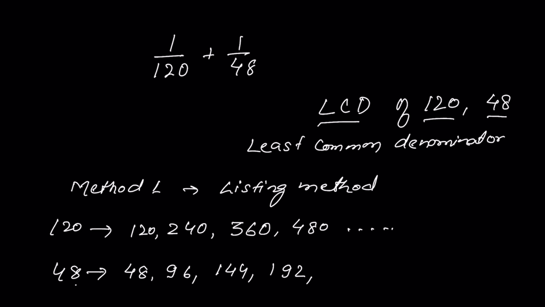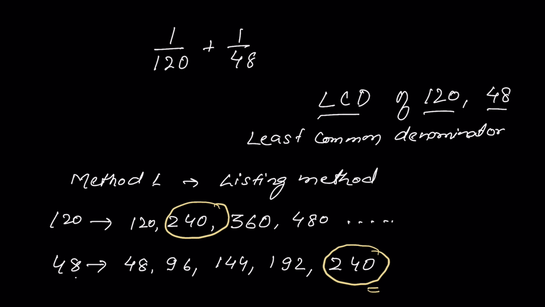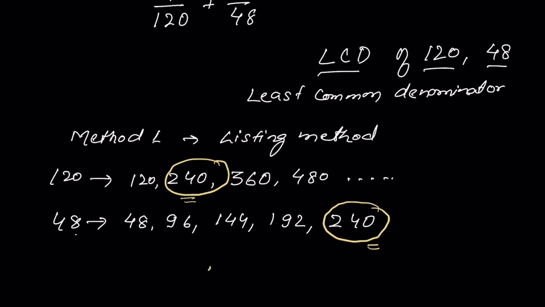I am just multiplying it by 1, 2, 3 and 4 and getting the multiples. 48 times 5, how much is it? It is 240. Now we can see that 240 is common in the multiples of 120 and 48. So 240 is the smallest number which is common in both of them. So the least common denominator, LCD, will be 240.